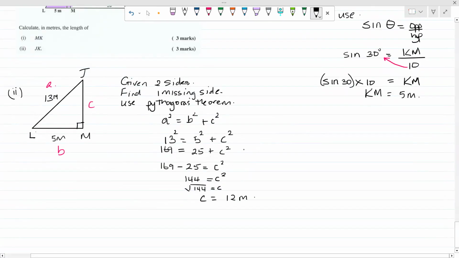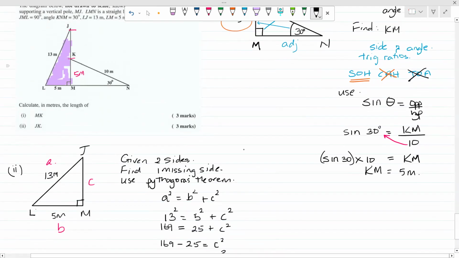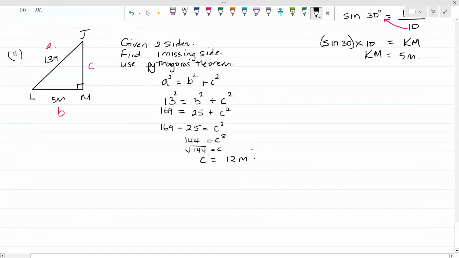Now, remember, they want just this little piece here. We just learned that the whole side is 12. But from here to here is 5. So what would this be? JK, we will do 12 minus 5, which will give us 7 meters.